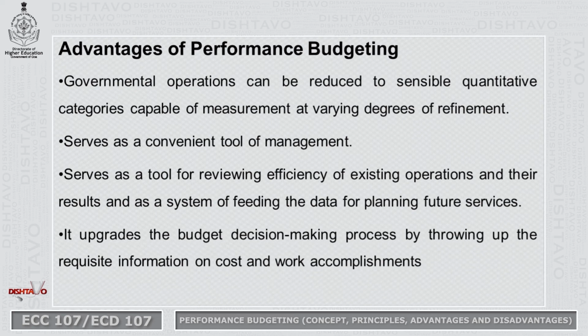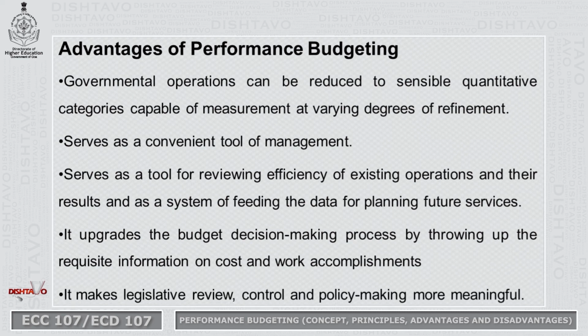Fourth, it upgrades the budget decision-making process by throwing up the requisite information on cost and work accomplishments. And finally, it makes legislative review, control, and policy making more meaningful.